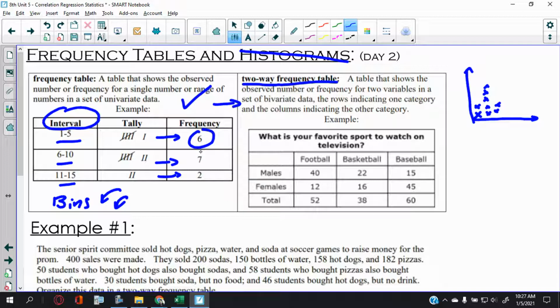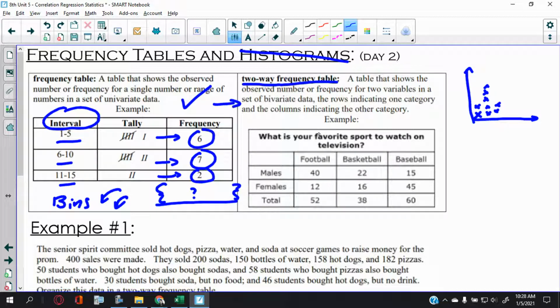Nonetheless, it serves its own purpose. And a frequency of 7 means that for the set of numbers, which I don't know, 7 of them fall between 6 and 10, and so on and so forth.